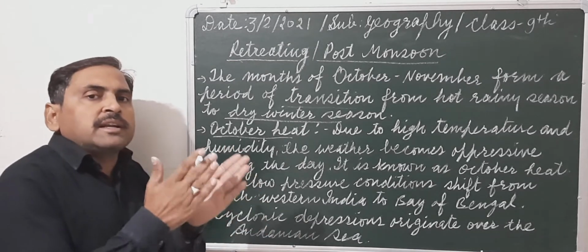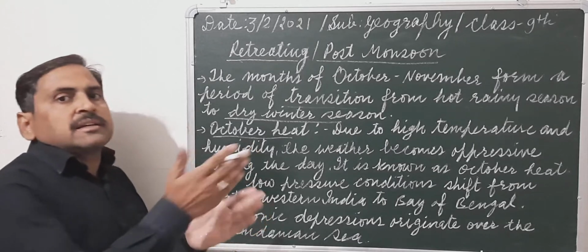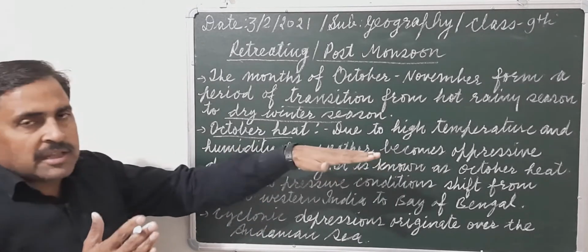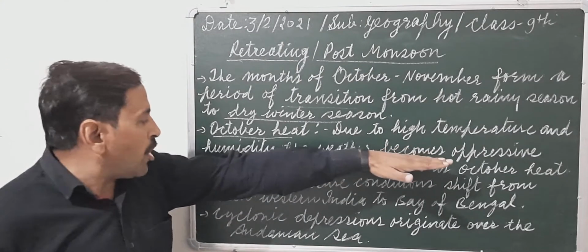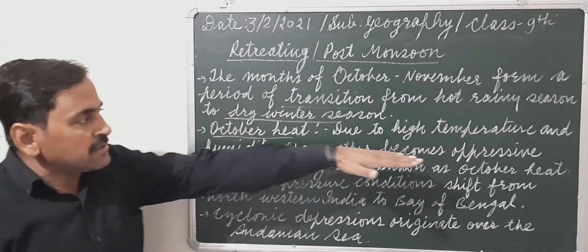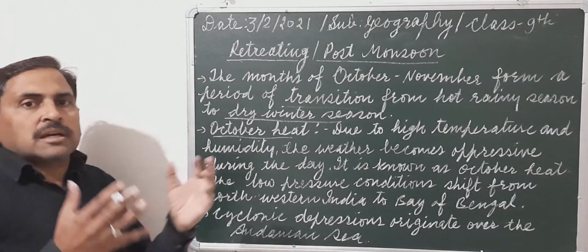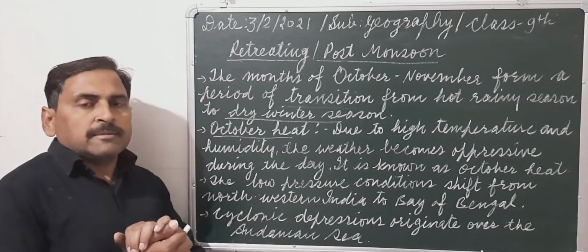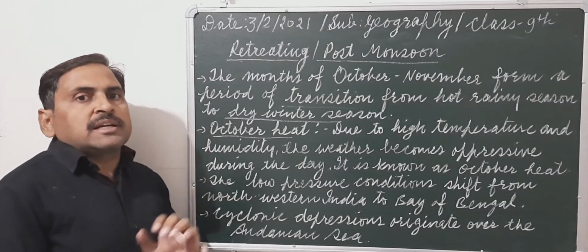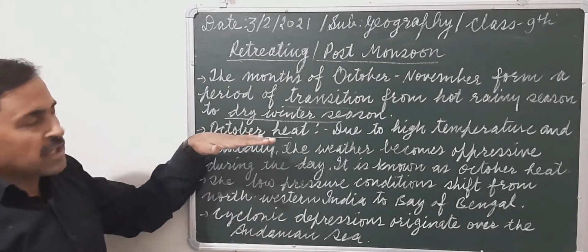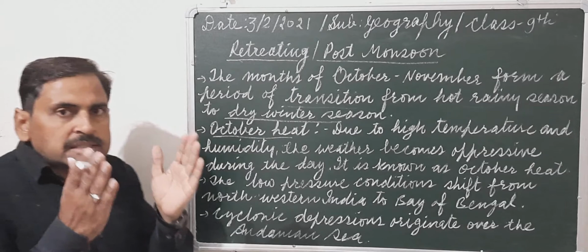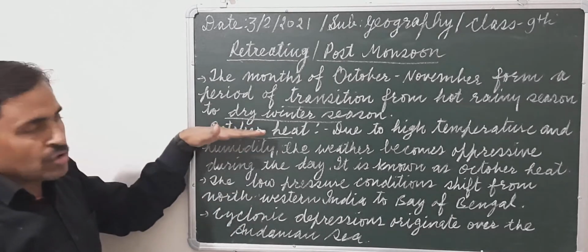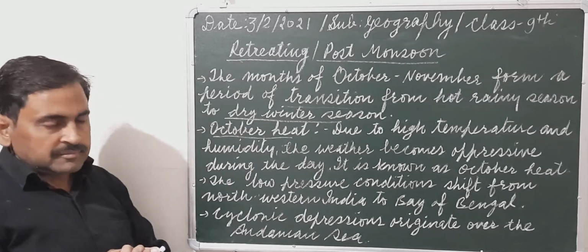And when the temperature increases during the day, the weather of the days becomes oppressive. Oppressive weather is just like, suppose there are clouds in the sky and there is no rain and we feel the humidity. That type of weather condition takes place during October, and such a phenomenon is known as the October heat.